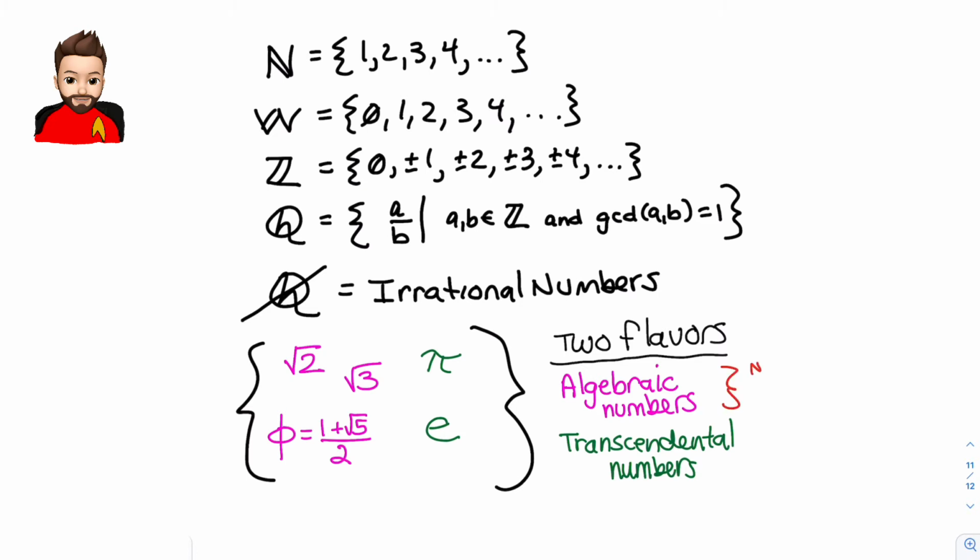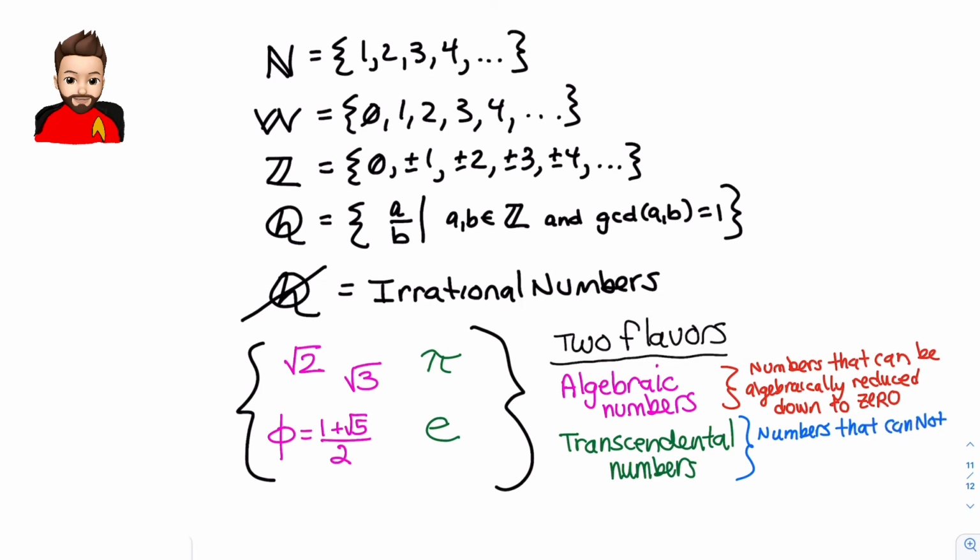Algebraic numbers and transcendental numbers. So irrational numbers can either be algebraic, and what that means is that these numbers can be algebraically reduced down to 0. And we'll show you what that means in a moment. Transcendental numbers are numbers that cannot be reduced down to 0 with a finite number of algebraic operations.